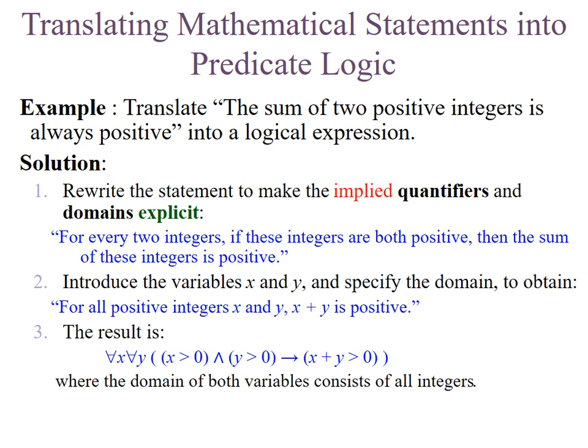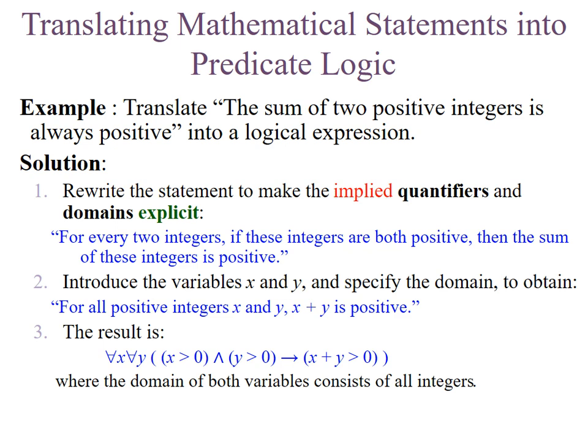Okay. And then we have hidden quantifiers. Actually, we have for every two integers. Because once we say the sum of two positive integers, that means we can select arbitrary integers within the pair of integers. So we have a hidden or implied domain of integers, and then a hidden conditional statement behind this sentence.